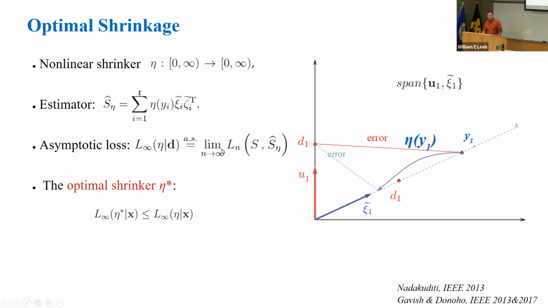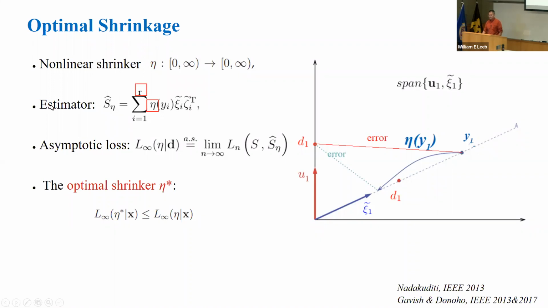And if the loss function has an asymptotic convergence, then the optimal shrinker is the shrinker which can minimize this loss, which is decided by D and X, the singular values of the original matrix.